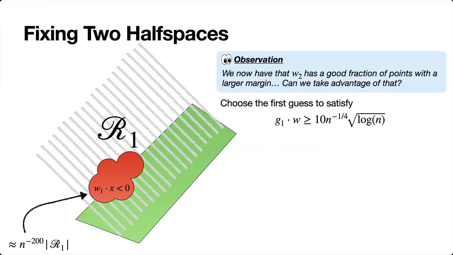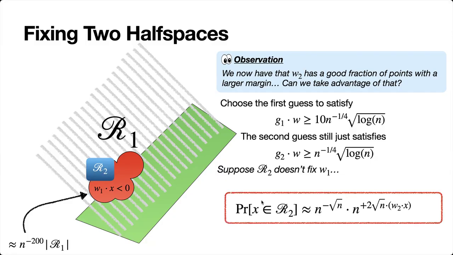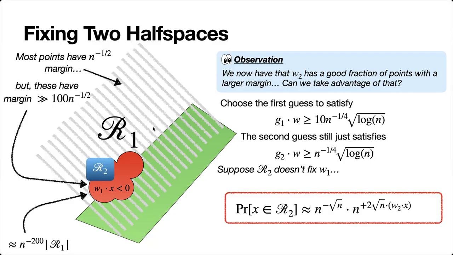Okay, so now we fixed the first half space, and we now need to fix the second one. To do so, we're actually going to take a normal guess without this constant overblow, the same as before. And if this fixes both half spaces, we would be done, right? So I'm going to assume that it has a big overlap with this negative region in order for us to continue here. And in this case, we can do the same computation as we did before.